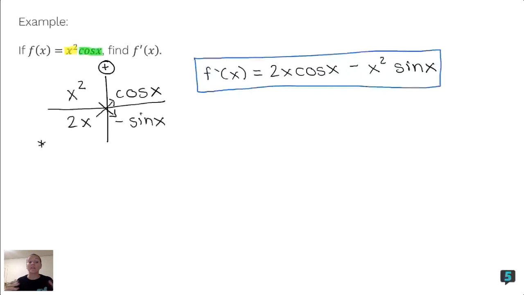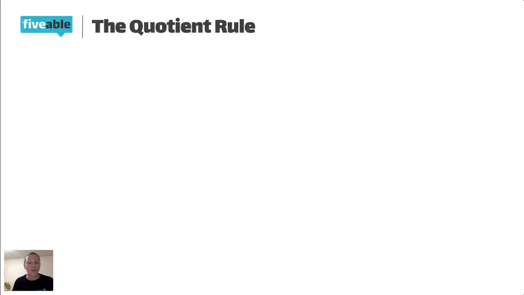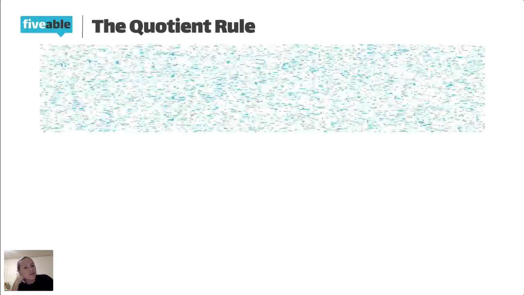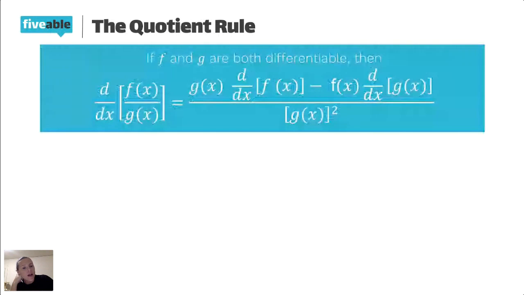Okay, we're going to have a ton of mixed practice after this, so I'm going to tell you the product rule, give us an example, quotient rule, give us an example, and then we're going to work through a bunch together. All right, so let's check out the quotient rule. The quotient rule is going to look similar, but we're using the quotient rule when we're dividing two functions.